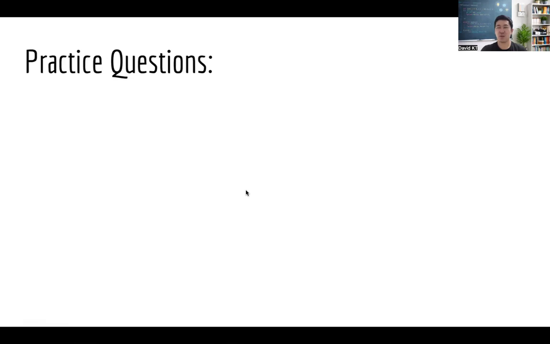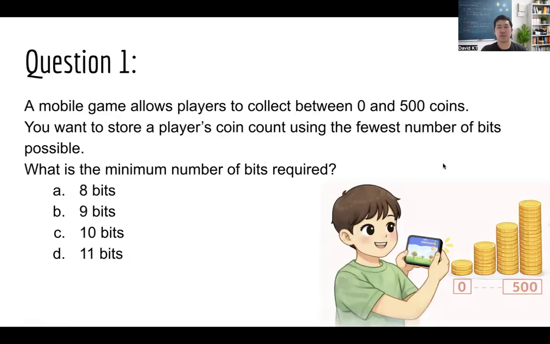Some practice questions for you. Imagine this. A mobile game allows players to collect between 0 and 500 coins. You want to store a player's coin count using the fewest number of bits possible. What is the minimum number of bits required? Go ahead, pause this video to figure it out.